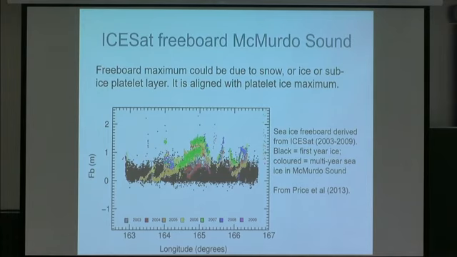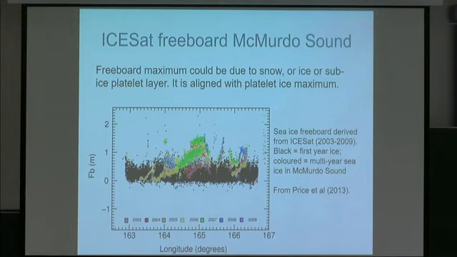And this is where we can look at satellite results. So what's plotted here are freeboard measurements against longitude, and the dark measurements are the ICESat freeboard measurements for the first-year sea ice, and then the coloured measurements are ICESat freeboard measurements on different years for the multi-year ice.